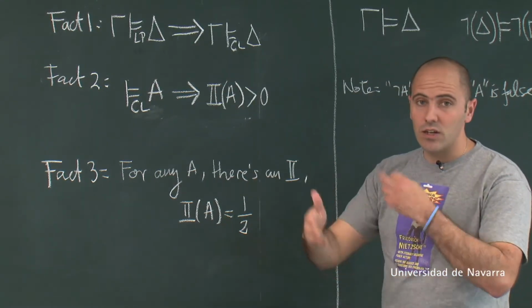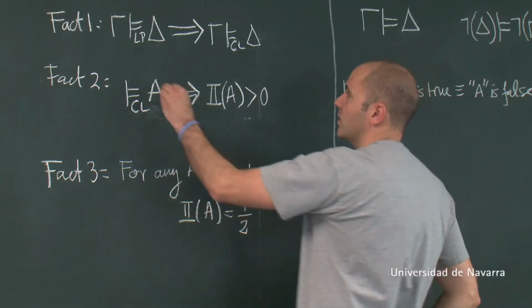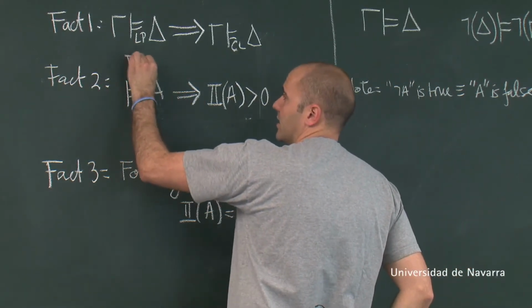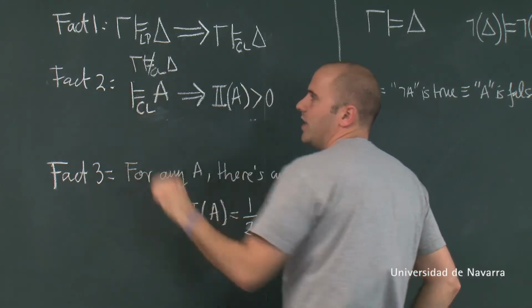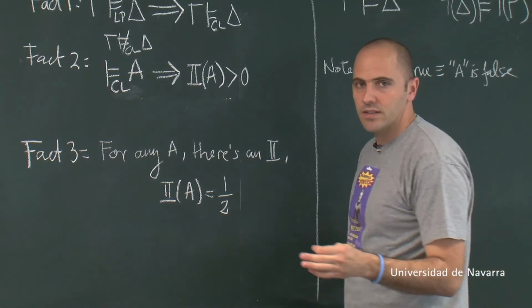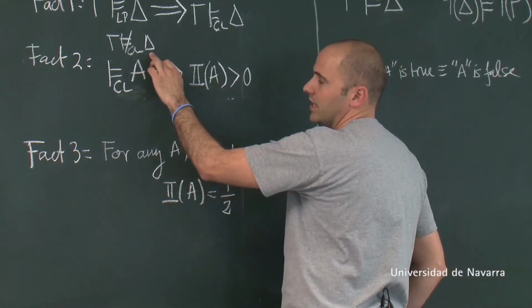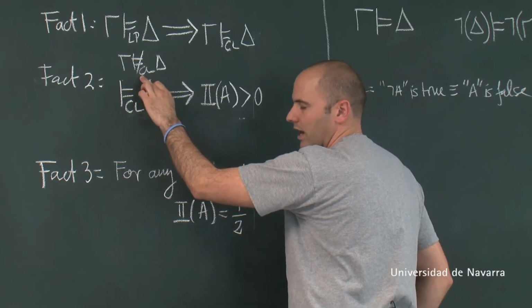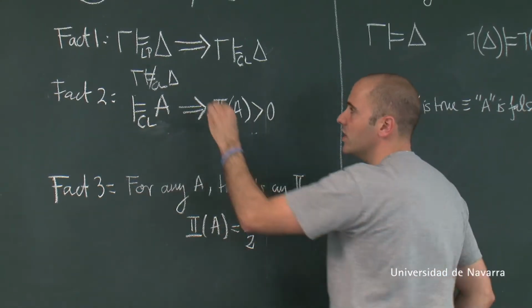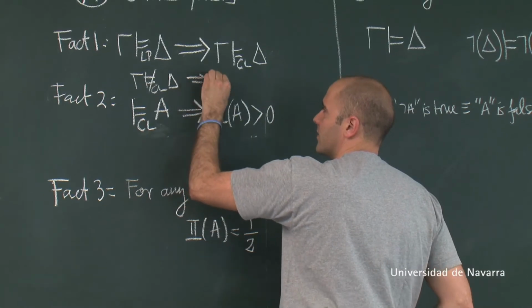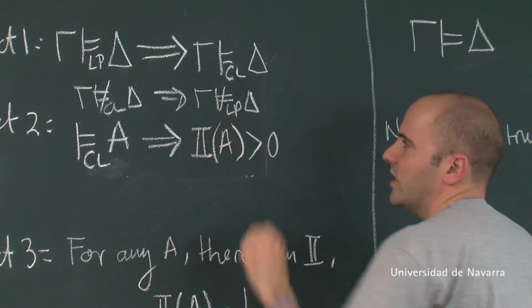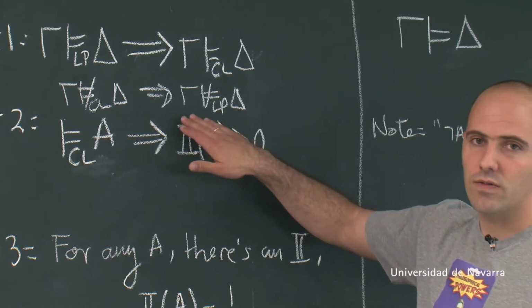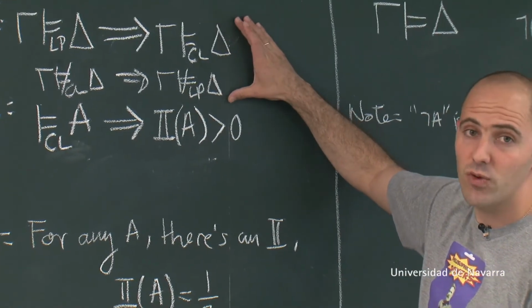So in the contrapositive form, this would say: if delta is not a consequence of gamma in classical logic, then delta is not an LP consequence of gamma. These two statements are equivalent.